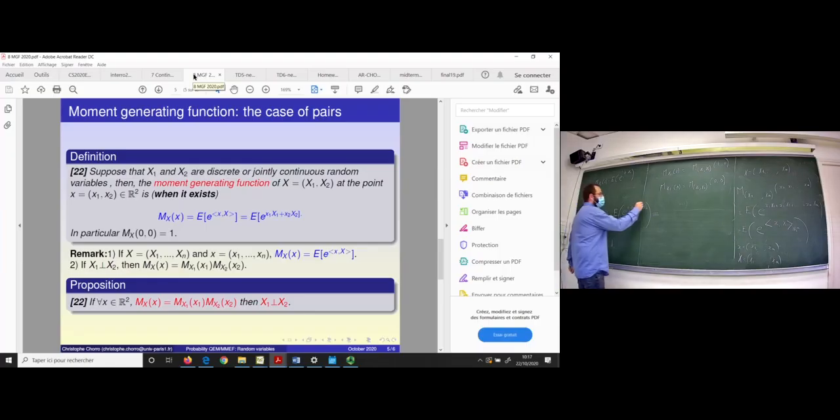Here I have a random variable, t x1 plus s x2, that is a linear combination of x1 and x2. It means that this moment generating function may be written as the moment generating function of this random variable, t x1 plus s x2, at which point?